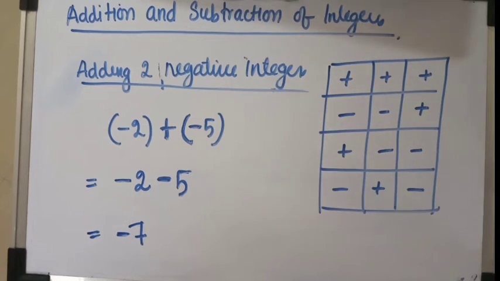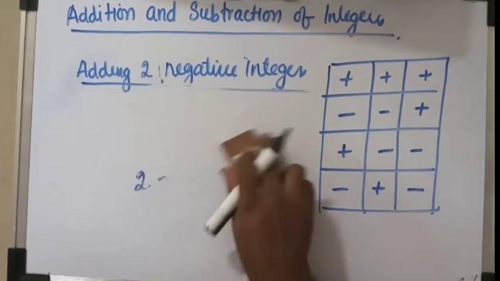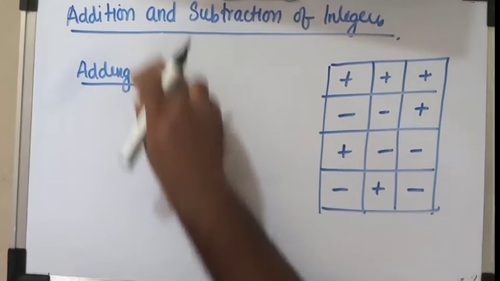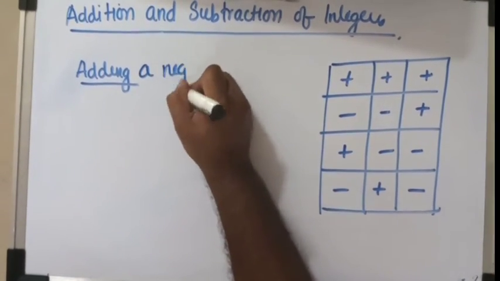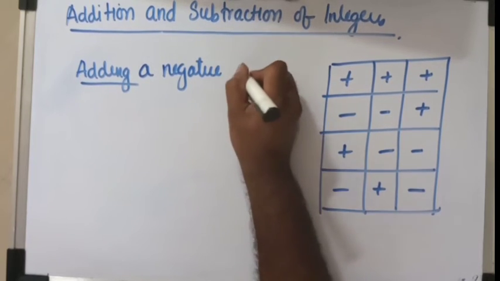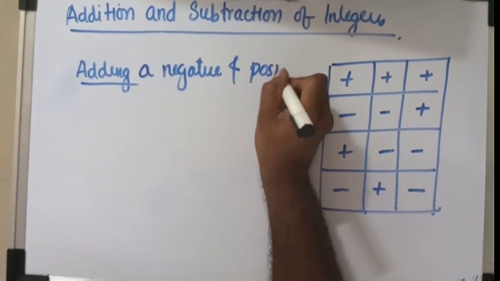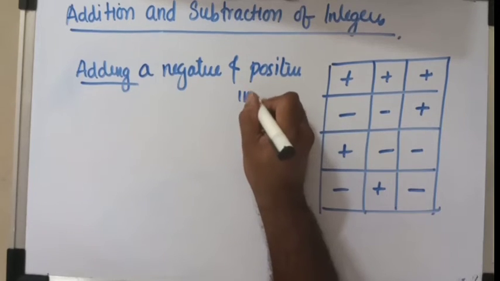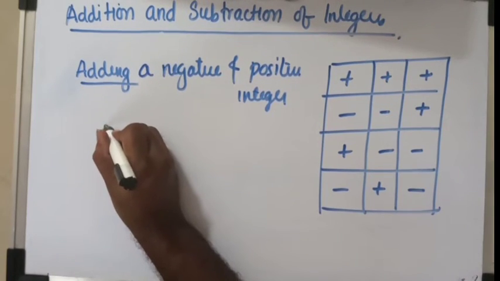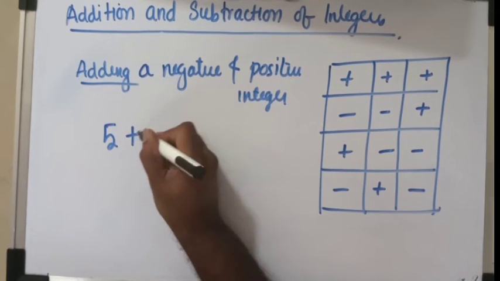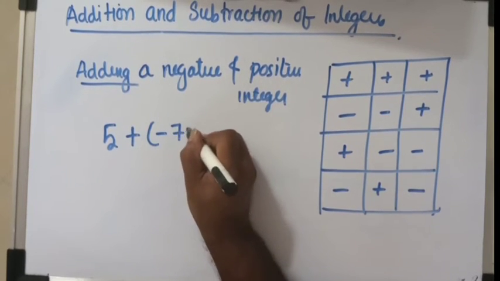Say I am adding a negative and a positive integer. Now in this case, children, say I have a number 5 and I have added it with minus 7.